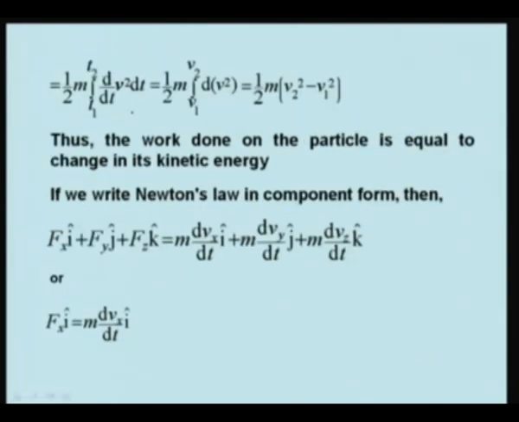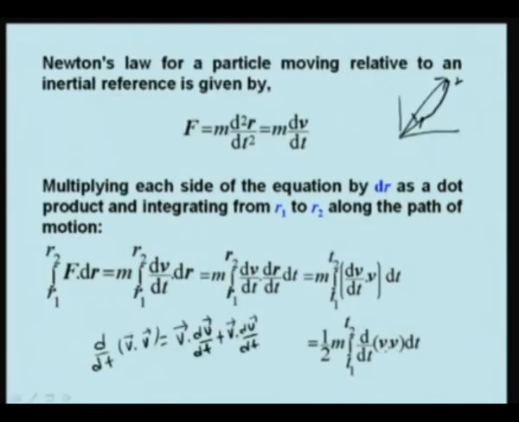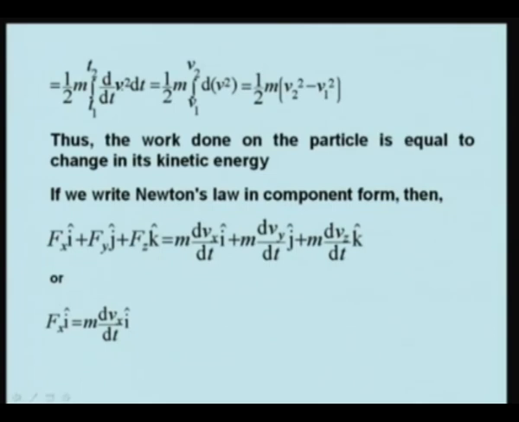This expression becomes half m integral t1 to t2 of d by dt (v square) dt. Now, see the dot product v dot v is a scalar, that is v square, which is the magnitude squared of velocity. So, this becomes half m integral of d by dt (v square) dt, which is equal to half m integral v1 to v2 of d(v square).